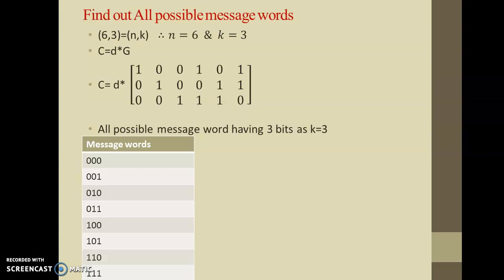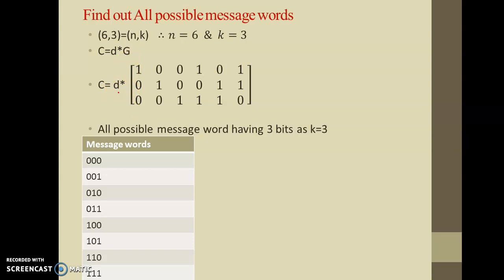The encoded code word is generated by using this equation, C is equal to D into G. G is mentioned in the problem statement itself and D is the message word.